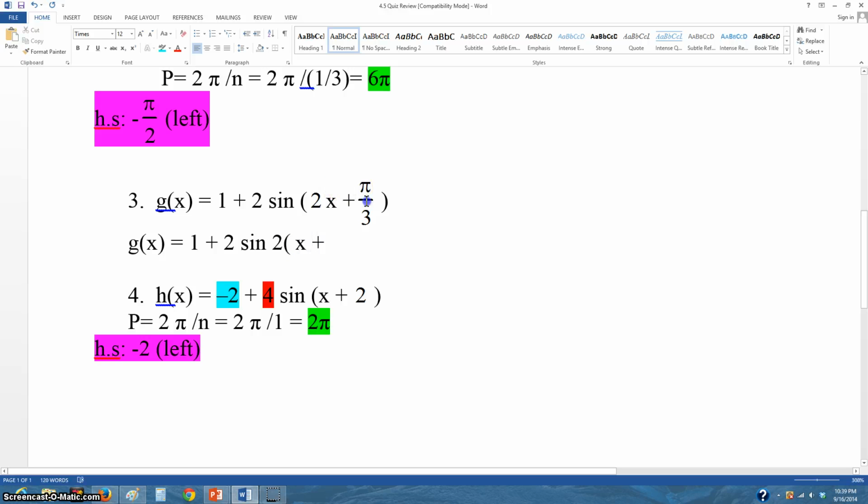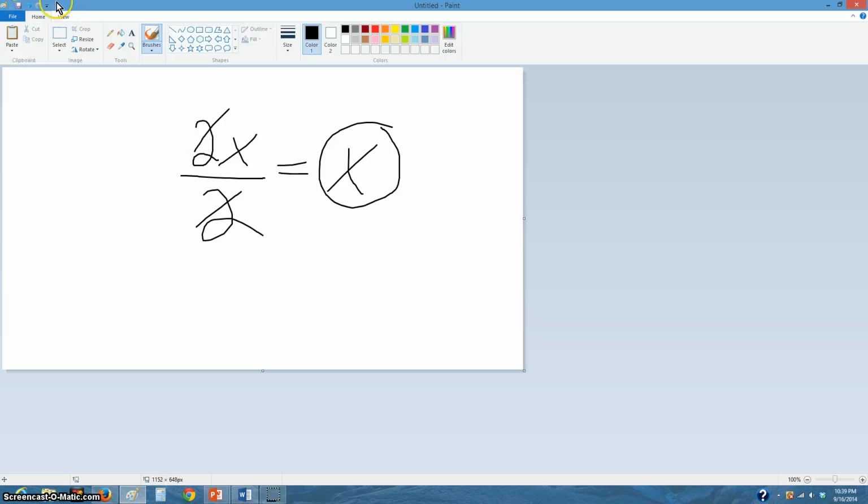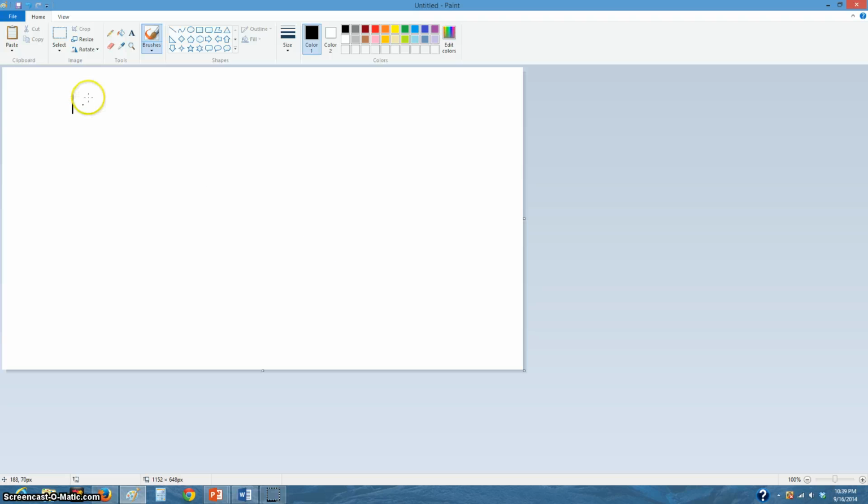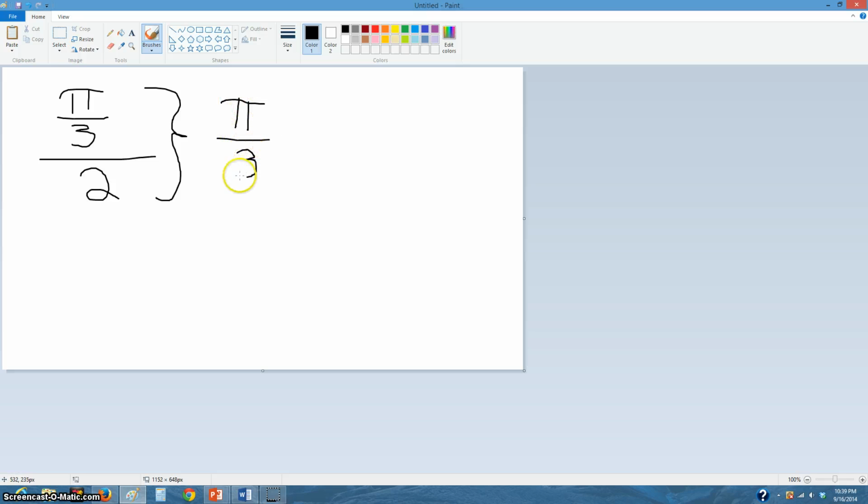now I have to take this, which is pi over 3, and I have to divide it by what I factored. This now becomes copy, change, flip, so pi over 3 times, and this is the same thing as saying 2 over 1.